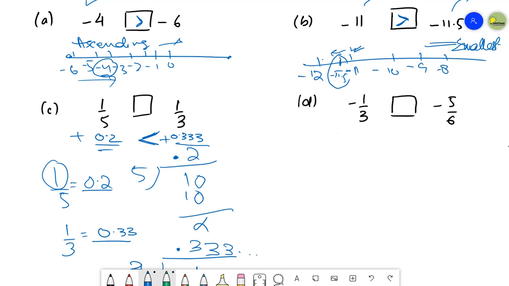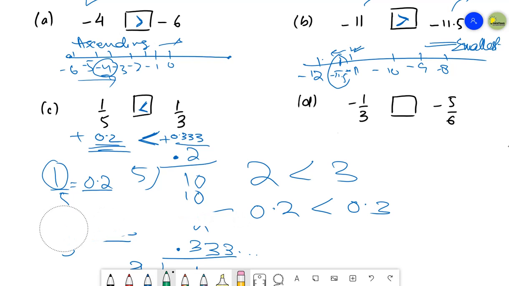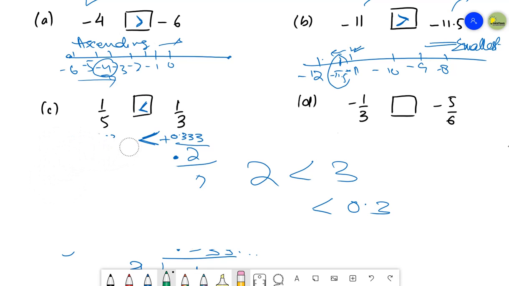The value that is bigger is considered greater since both the numbers are positive. It is just like 2 is less than 3. Similarly, 0.2 is less than 0.333, so you write the less than symbol over here. Okay, I hope this explanation is clear to you.